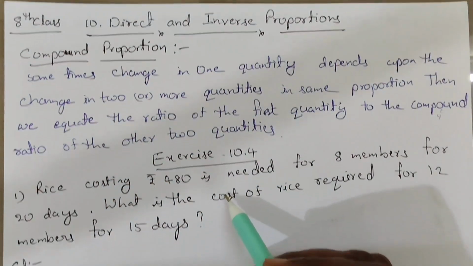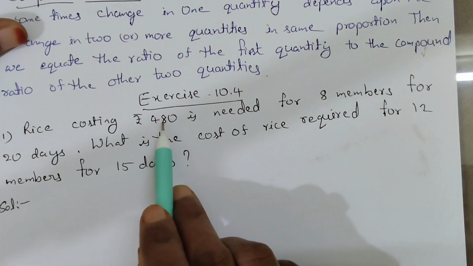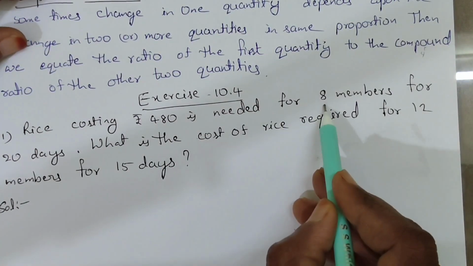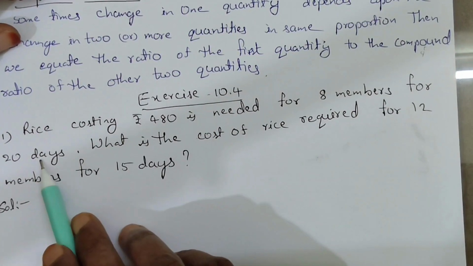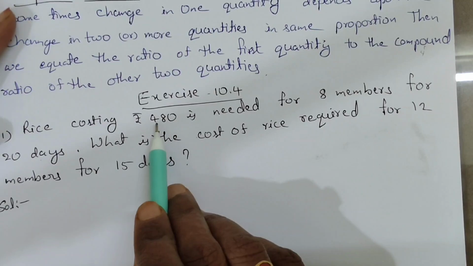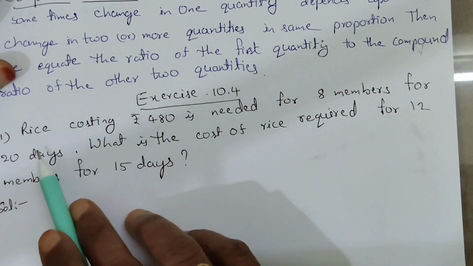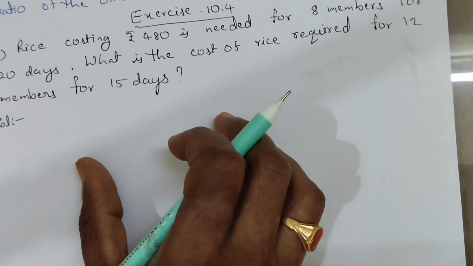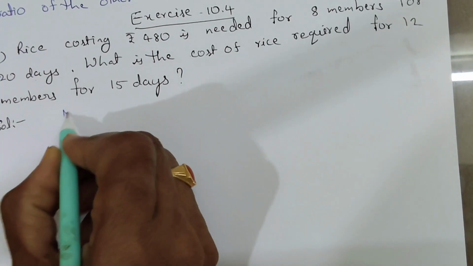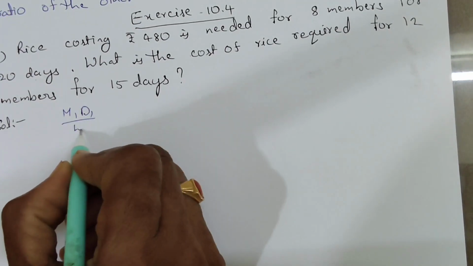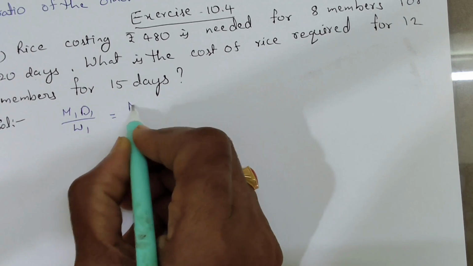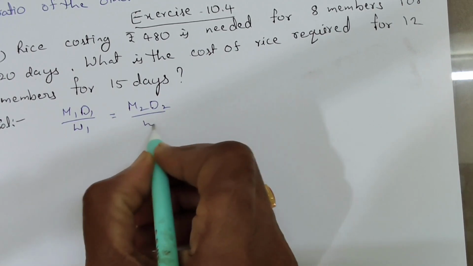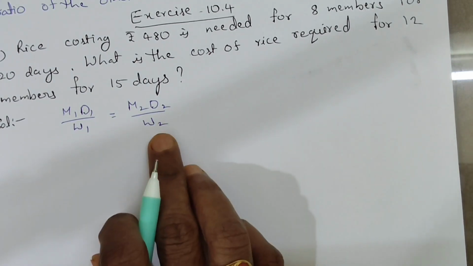Now exercise 10.4, first question: 480 rupees, 8 members, 20 days. Cost, members, days: three quantities. So we write the ratio: M1 D1 by W1 is equal to M2 D2 by W2. This is the compound proportion ratio.